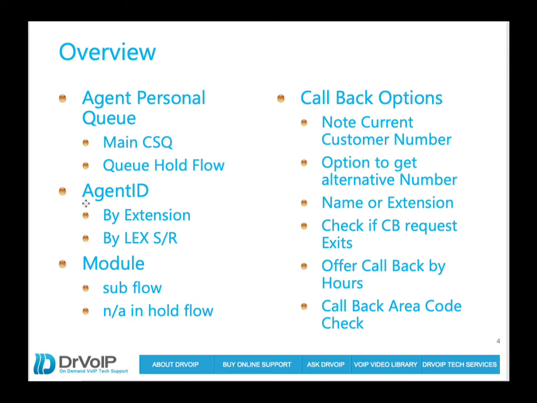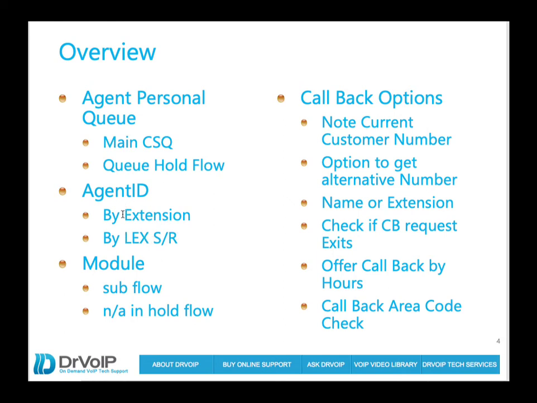We're also going to enable agents to have extension numbers. This is a simple solution. We can make it a bit easier to administer by creating a Lex bot, which will use speech recognition.